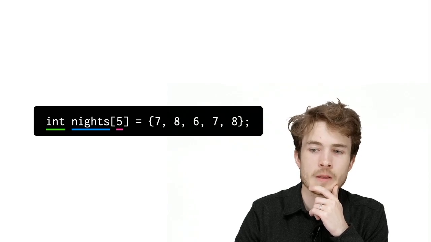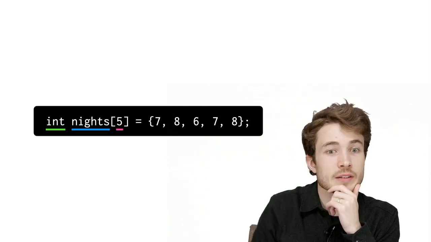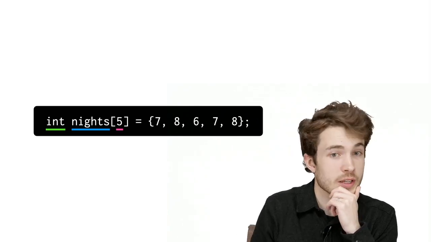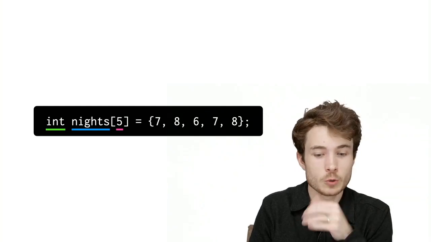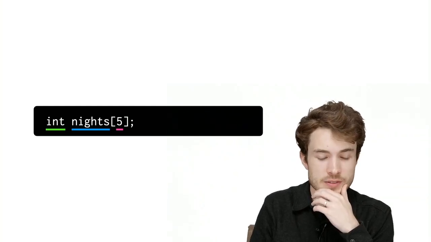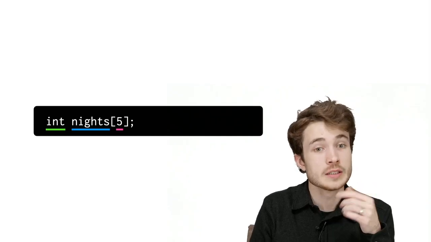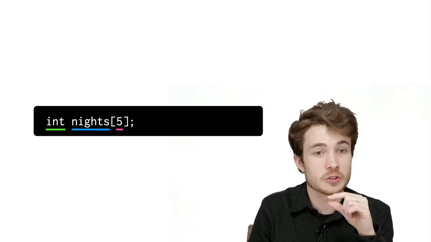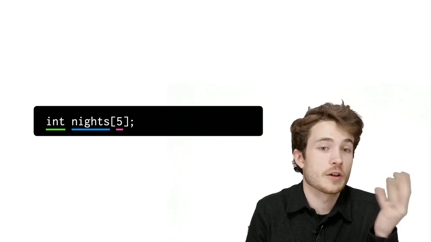Question here, let's say we have this array of 5 elements here, could we add maybe only 3 and later on add the other 2? You certainly could. So if you were to go back to this model of declaring your array, you could specify values for the first 3 in this array, and later on add the other 2.